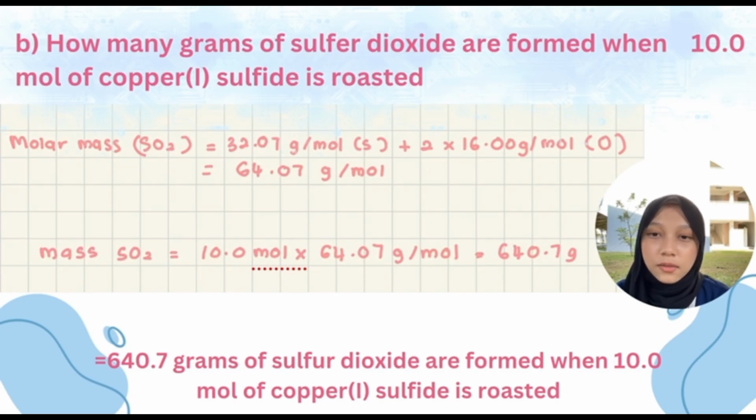And then the mass of SO2 is 10 mole multiplied by 64.7 gram per mole, then you will get 614.7 gram. So 614.7 gram of sulfur dioxide are formed when 10 mole of copper sulfide is roasted.